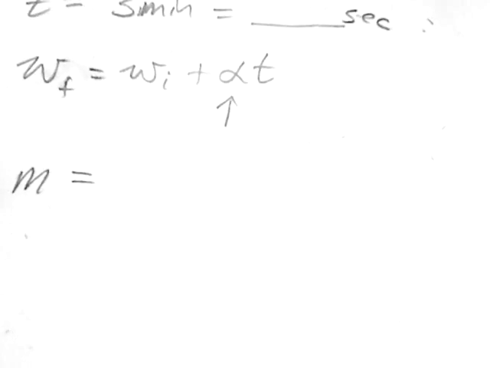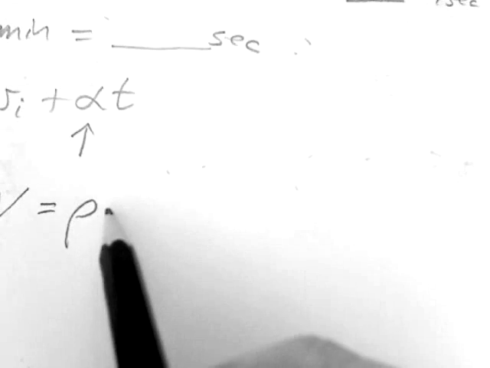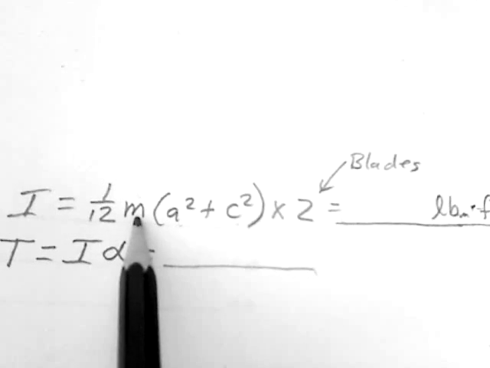One thing I left off here is if you'll find the mass of one of the blades, just take the density times the volume, or take the density, multiply it by A, B, and C. That's the mass that goes right here.